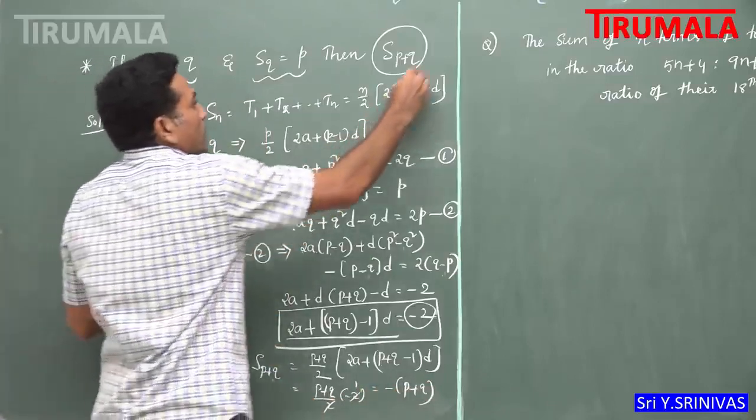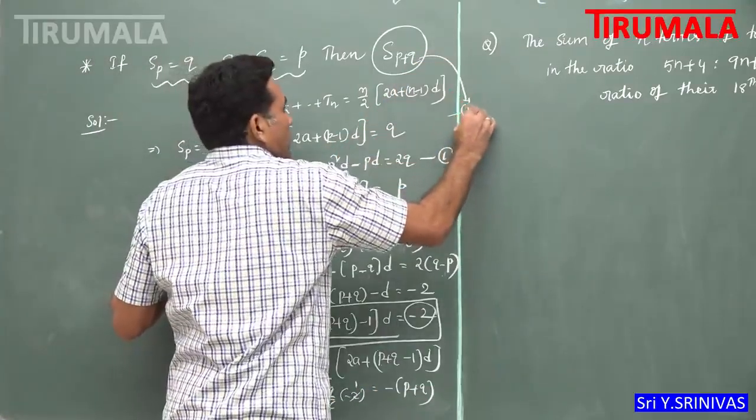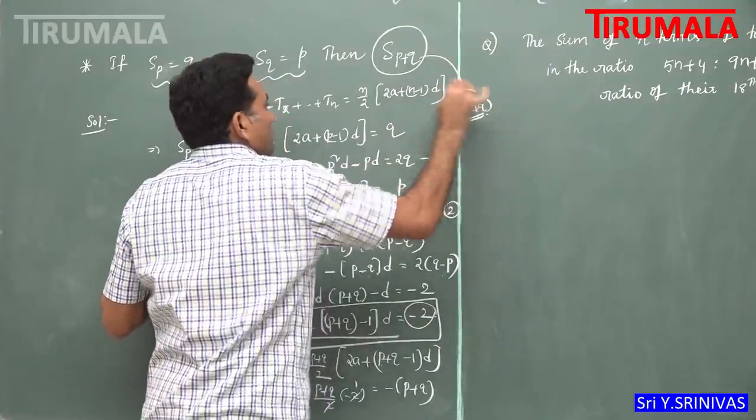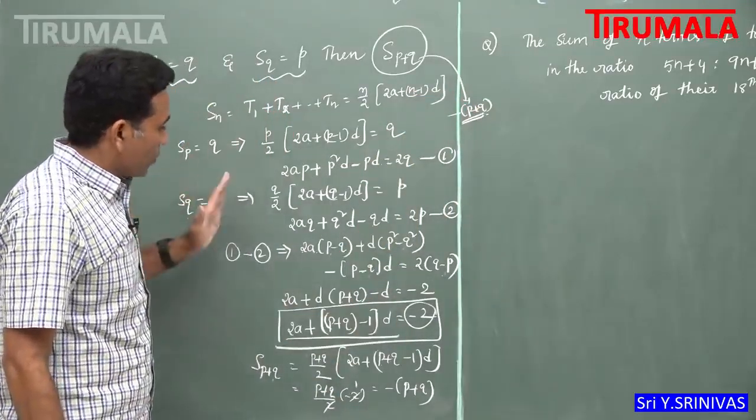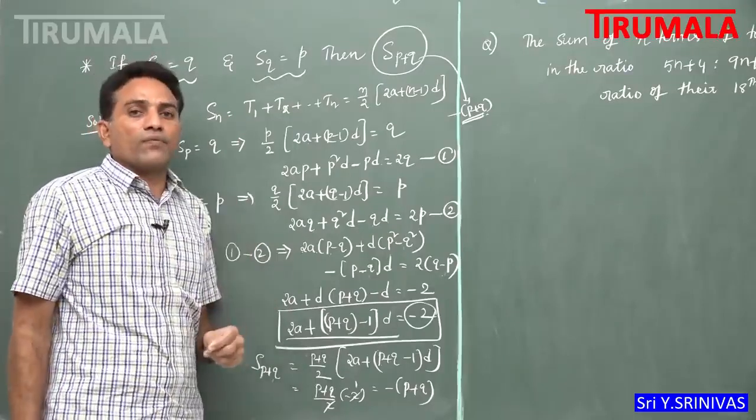So the value of S of P plus Q is minus of P plus Q. Okay, students, in this question we use only the sum of n terms of AP.